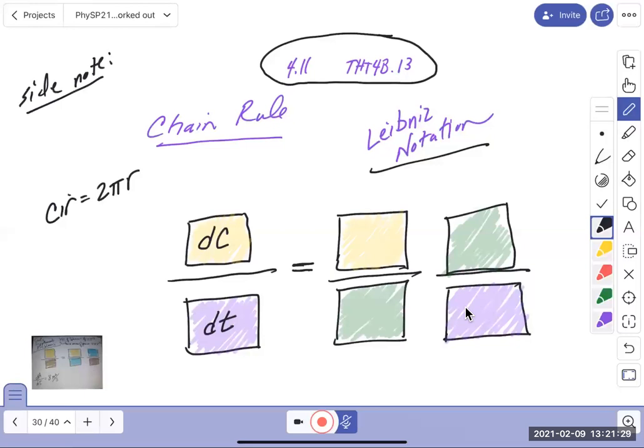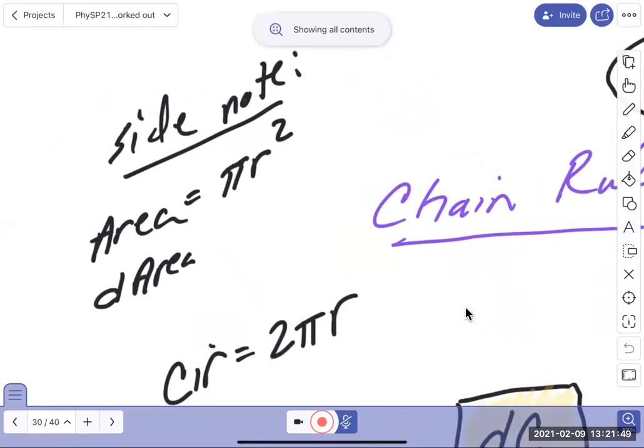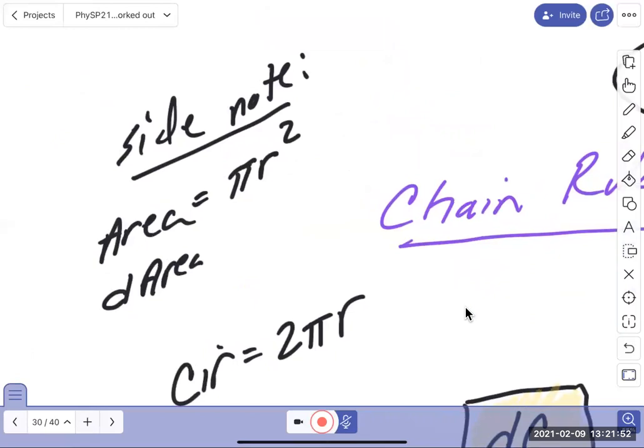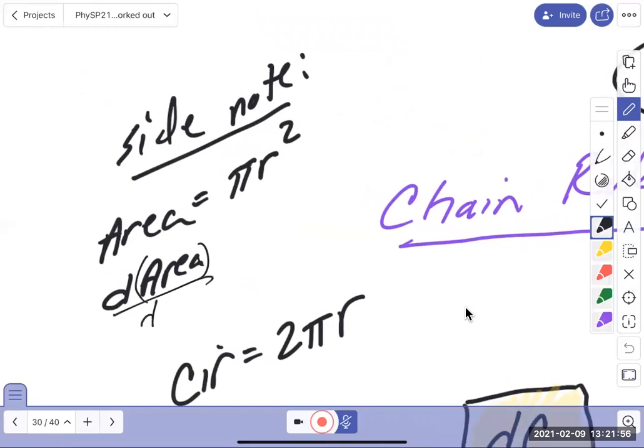Side note, the equation for the area of a circle is pi r squared, right? When I take the derivative of the area of a circle with respect to r, see, that's why Newton's notation wouldn't work here.